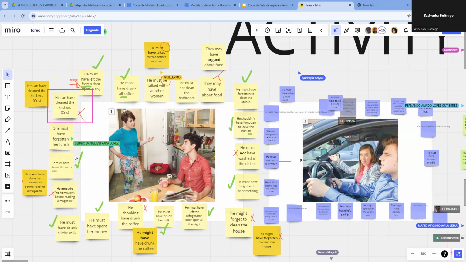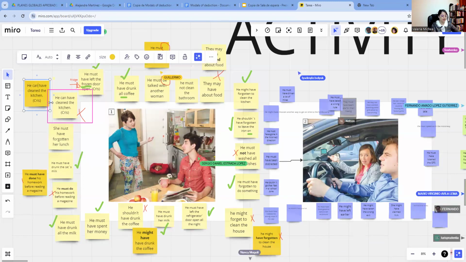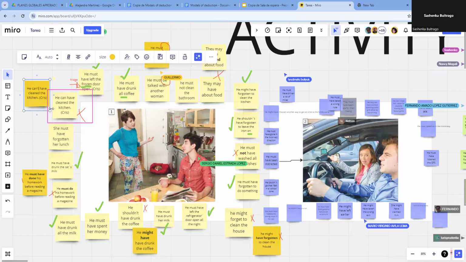Because with can, we have to use the negative form, can't. Yes. And not a positive in this case. So if he didn't do it, he can't have cleaned. There you go. Yes, thank you very much, Sash.